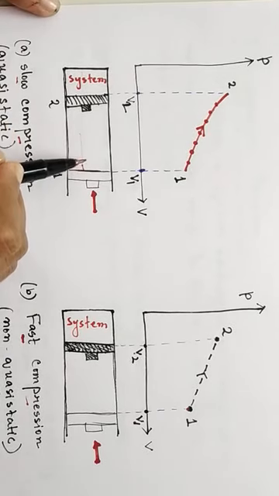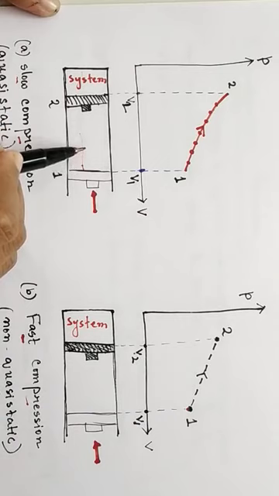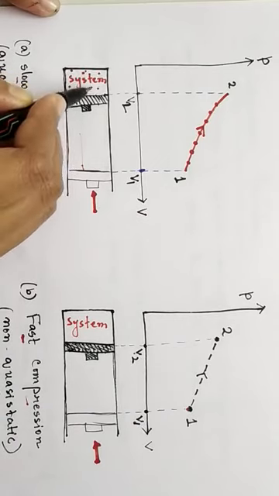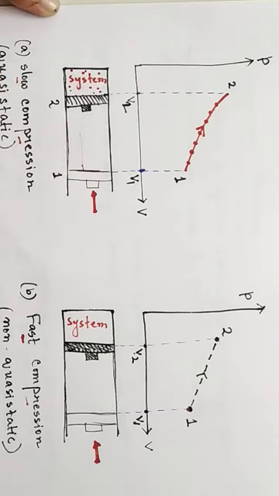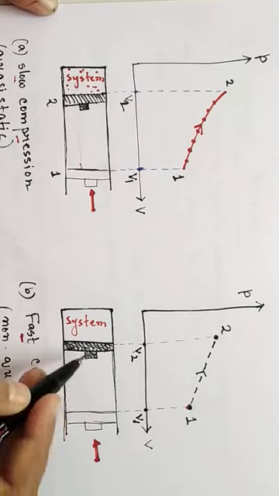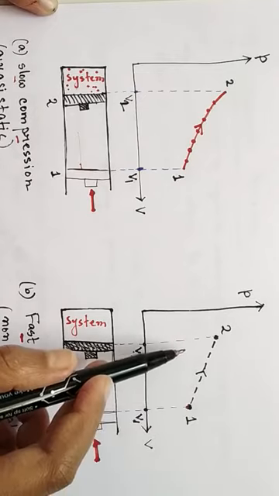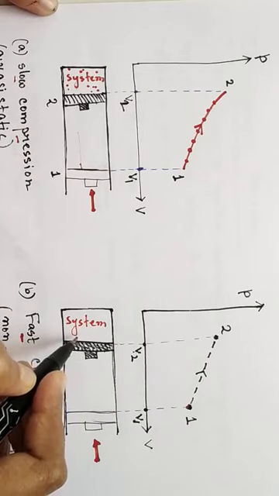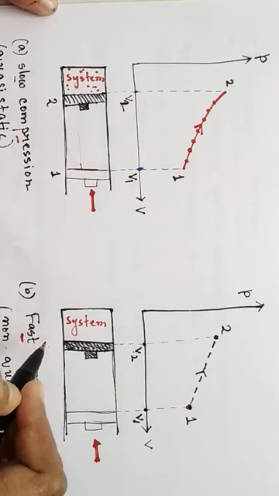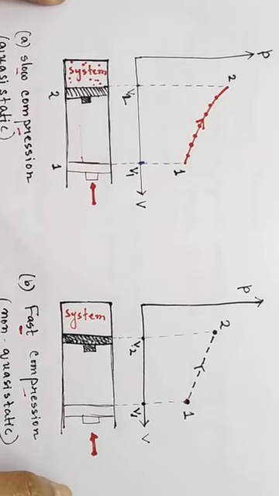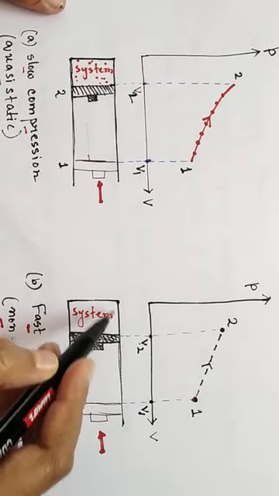As volume is decreasing, the change in pressure will occur equally at every part of the system. Whereas in this case the volume is decreased suddenly, abruptly. Then the change in pressure will not happen equally; it is not distributed equally throughout the system.